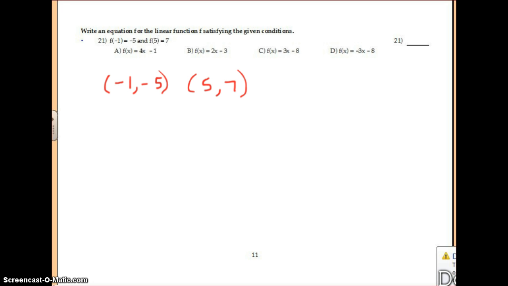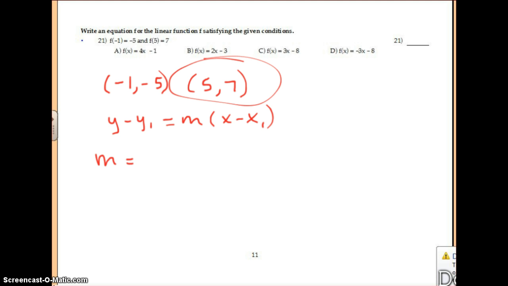To do that, I'm going to use the point slope form, y minus y1 equals m times x minus x1. So I do have an x and y1. I just pick a point that I want to use, maybe 5 and 7, and then I need the slope. The slope is the difference in the y's, so y2 minus y1 over x2 minus x1.